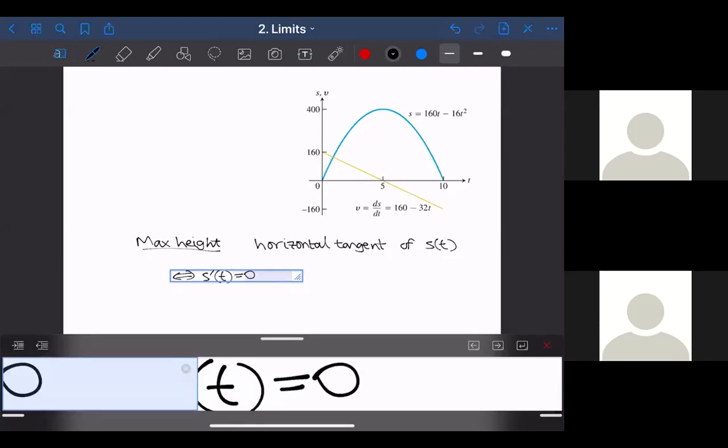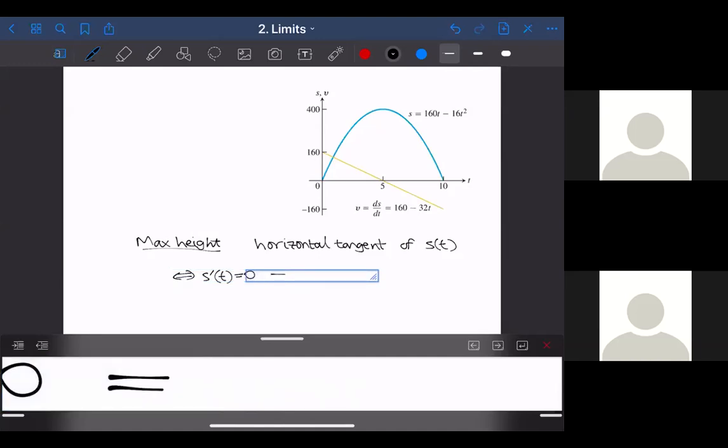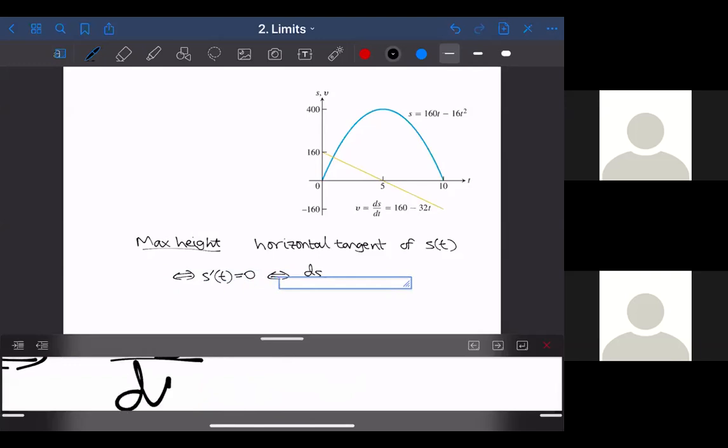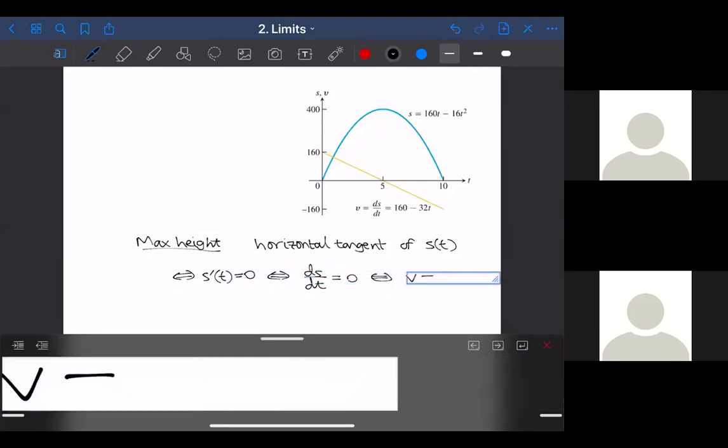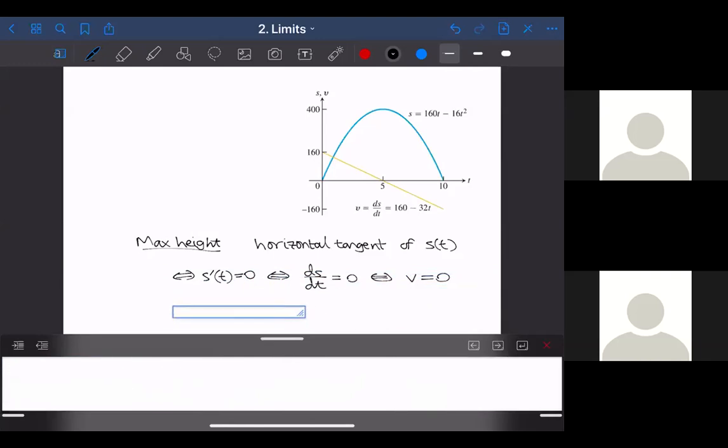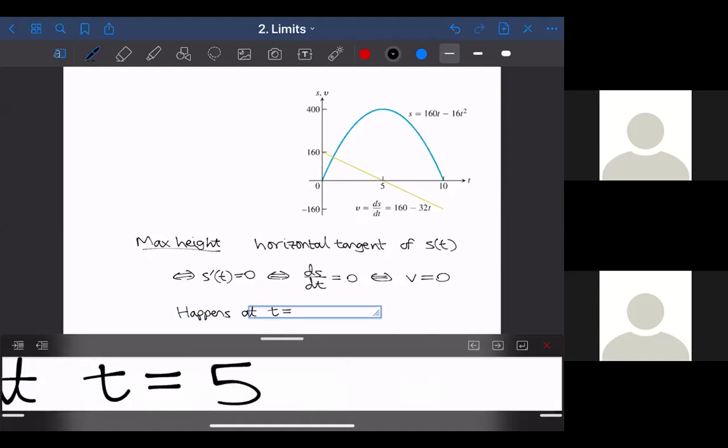So if t is a root of the derivative, that's if and only if ds by dt equals 0. That's just a different notation. And that's if and only if the velocity v, the upward velocity, is 0. So that happens at t equals 5 seconds.